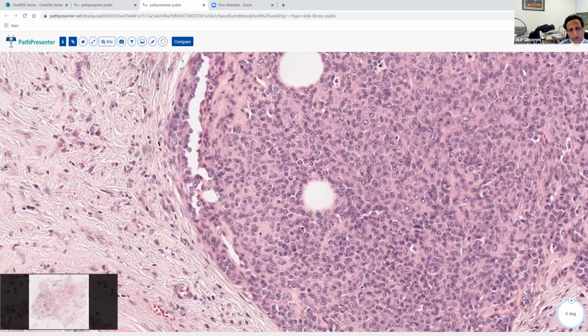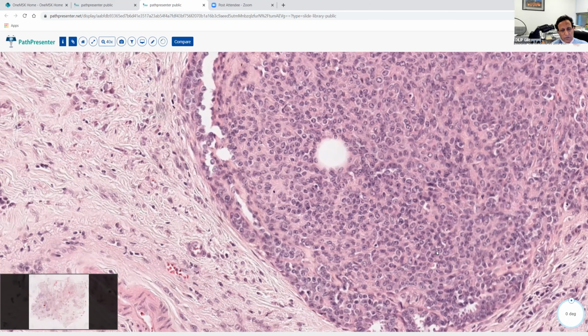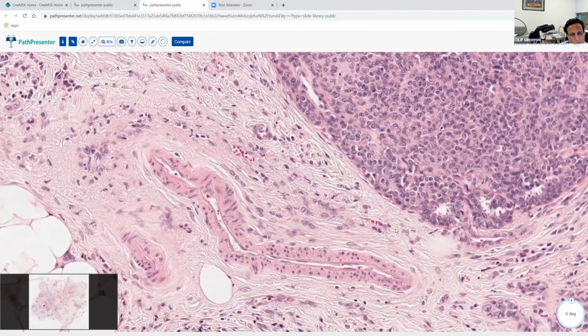So, a lot of these things we only learn from experience as we go along. We all have to start somewhere. But if you have a basic understanding of the features of LCIS, then even when the cells tend to be larger, you will recognize those features.